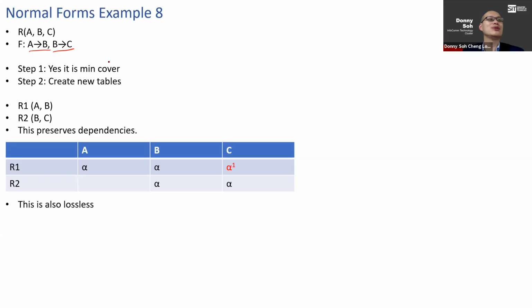So this is the first step. Second step, create a new table. So the new table will then be based on my functional dependency, which looks like this.